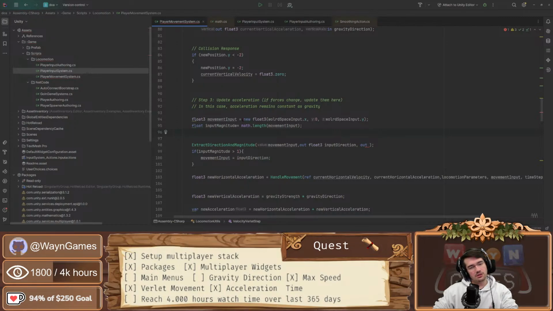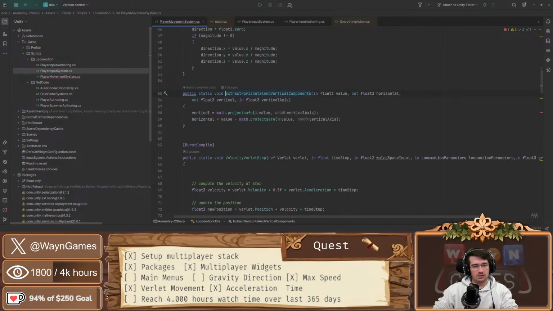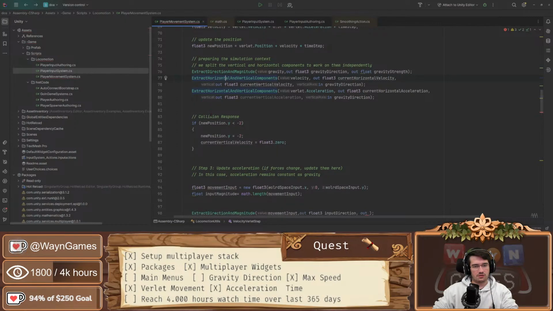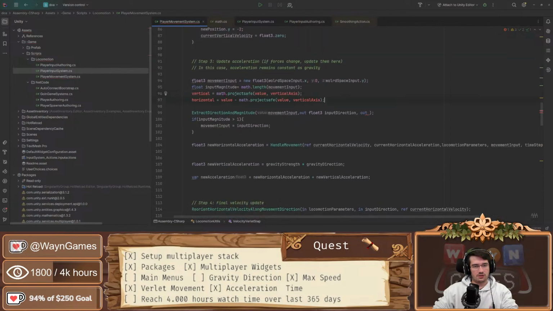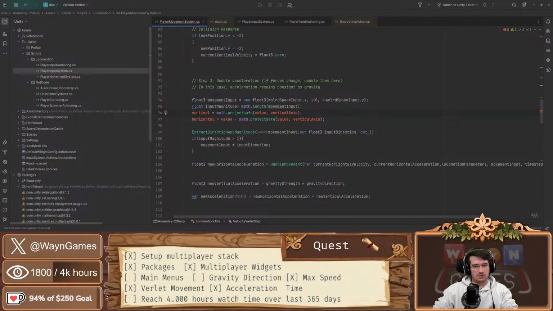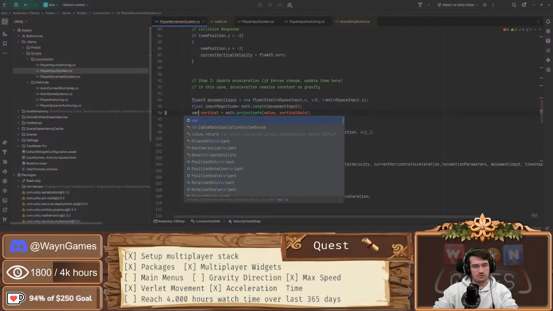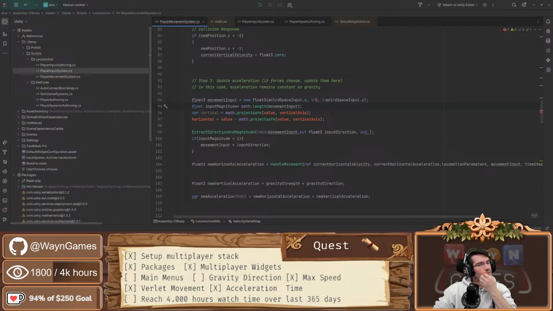I don't need the direction, I need to project it. So I need to do the same logic as here. That's the vertical, that's the horizontal, that's my value.